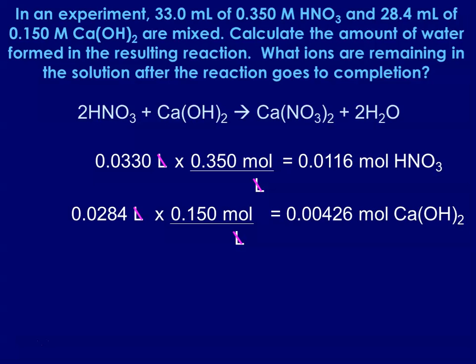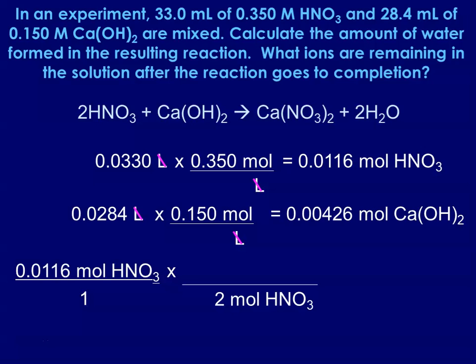We want to calculate the amount of water. You could calculate the amount of water in moles. I'm pretty sure I calculated it in grams because that's what you would actually measure in lab. But either one would be sufficient since I did not specify a unit. I'm going to take my moles of nitric acid, since that was the first one I calculated, and convert that to grams of water using my moles of HNO3 as my denominator so I can cancel them out.